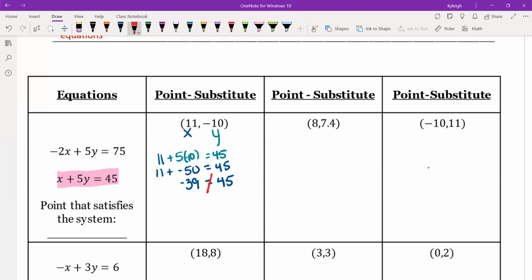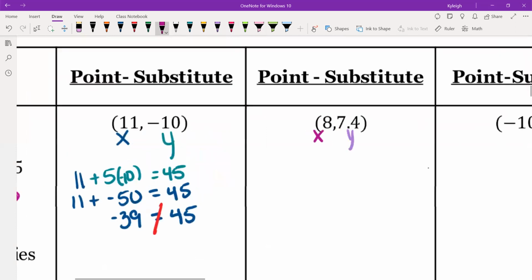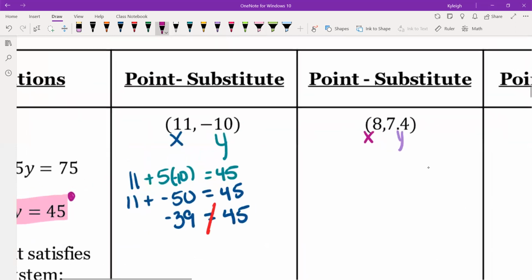Okay. So now we try the next one. And again, we have an x and a y. And yes, that is 7.4. So I'm just, again, going to keep on starting with this one because it's a little easier, but I'm going to zoom in a little bit. So we have 8 plus 5 times 7.4 equals 45.